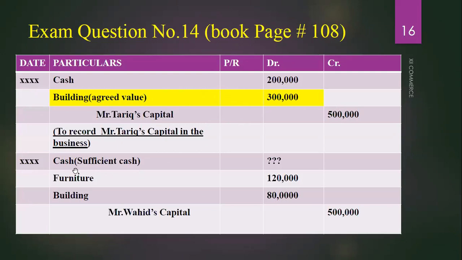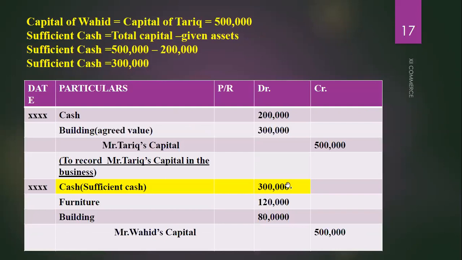Now for another journal entry, Mr. Wahid, the sufficient cash is the strategic part. We don't know the value of Mr. Wahid's cash. How have we done it? 500,000 is the total capital. We subtracted the given assets, that is 120,000 and 80,000. Now the missing value or balancing figure of sufficient cash will be 300,000.